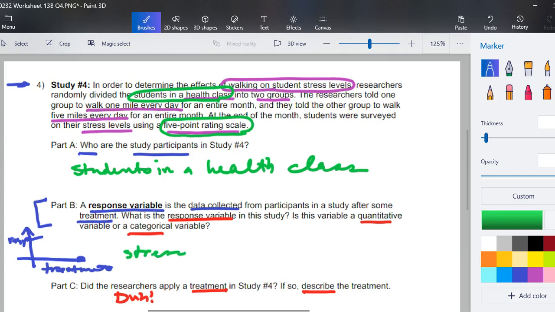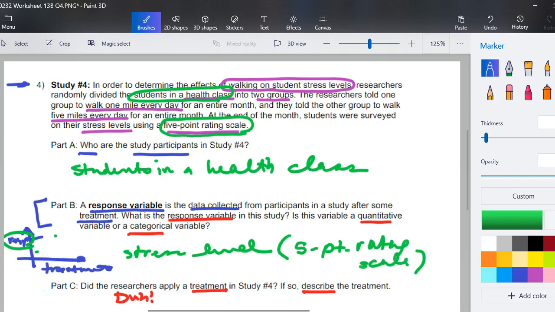Maybe let's do it this way. Let's say stress level is the response. Either I have a low stress level or a high stress level, but we're going to measure it on this 5-point rating scale. With that being said, they're going to call it categorical because it sounds like you're going to be able to score a 1 or a 2 or a 3, and you're not going to be able to have anything in between.